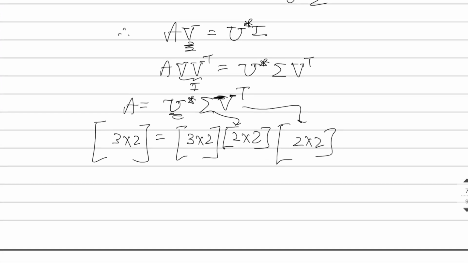And this is what we are going to call the singular value decomposition of our matrix A. We are able to write it in this factored form that has something to do with input basis being orthonormal and output basis being orthonormal.